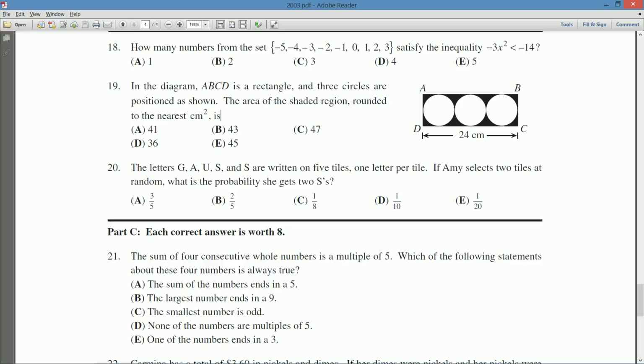Well, these come up a fair bit on Waterloo math contests, and it's an area of a shaded region style question. When I do an area of the shaded region question, I start thinking basic shapes in my head. So things like circles, rectangles, triangles, right angle triangles are really good, half circles, quarter circles, things like that.